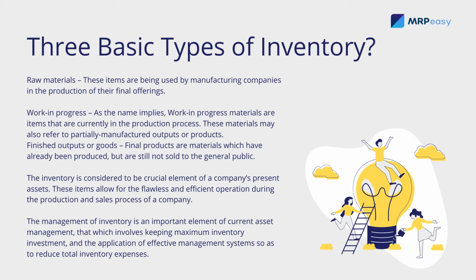Finished outputs or goods. Final products are materials which have already been produced, but are still not sold to the general public. The inventory is considered to be a crucial element of a company's present assets. These items allow for the flawless and efficient operation during the production and sales process of a company.